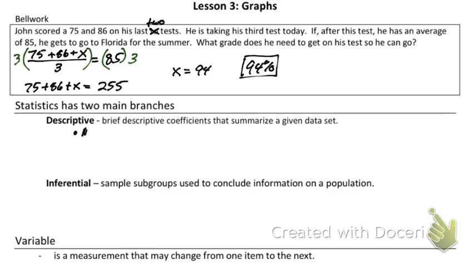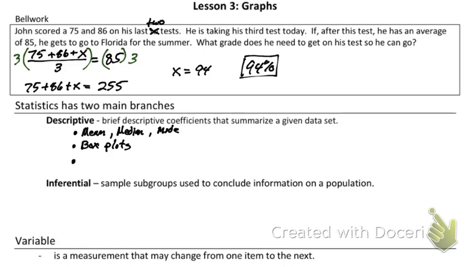Some big ones we did were mean, median, and mode. We also did yesterday box plots. Box plots would be a definite descriptive statistic.